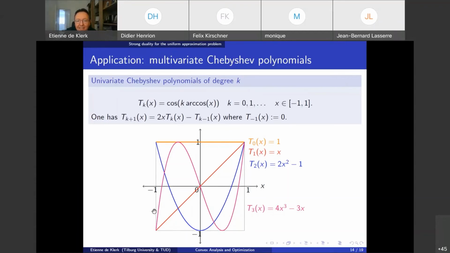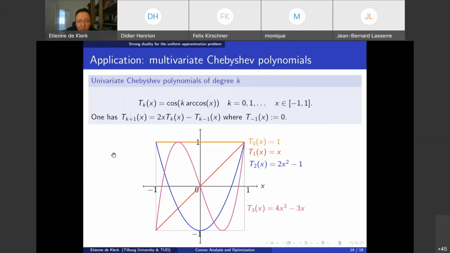The Chebyshev polynomial T_k has degree k, so T_0 is degree 0, 1, 2, 3, etc. And obviously these define the basis of the univariate polynomials up to degree k. If you list the first k Chebyshev polynomials, these polynomials have many beautiful properties.